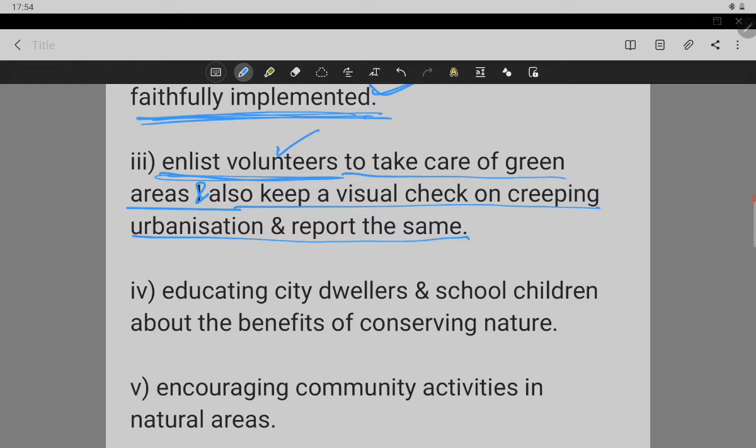These volunteers can always look around these green areas and see if there is any illegal construction going on, or if slowly people are creeping into these green areas, making one building here, one building there. So they can report that, right? So they can keep a visual check.